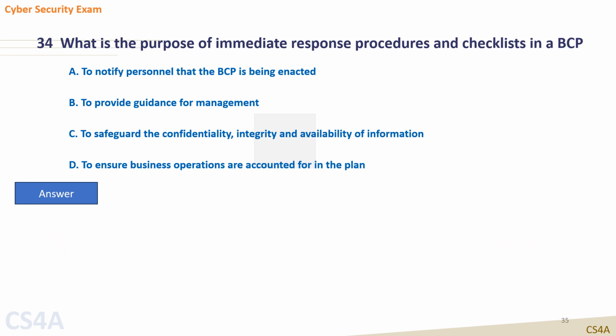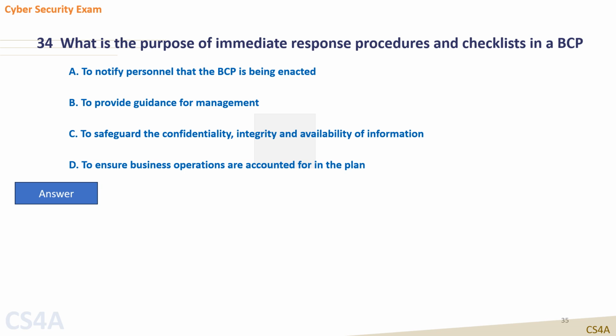Here the question is, what is the purpose of immediate response procedures and checklists in BCP? Okay. So the options are to notify personnel that the BCP is being enacted. That might be the correct one, because with the response procedures and checklist, we can notify people that the BCP is enacted.